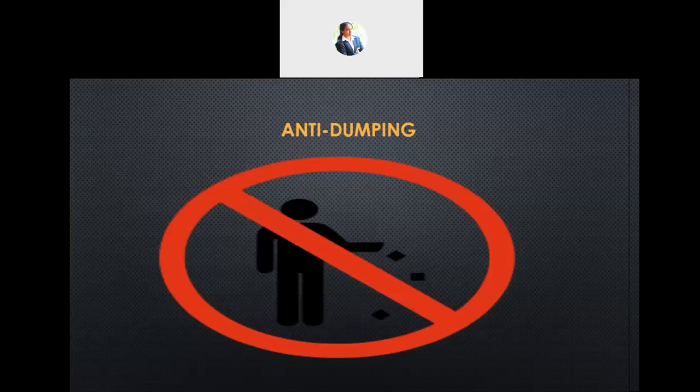To recall, dumping can be defined as selling of goods in a foreign market at a price below the fair market value, or selling goods in the foreign market at something below their cost of production.